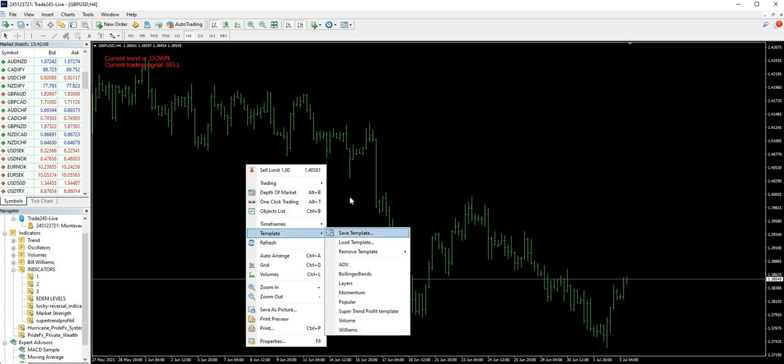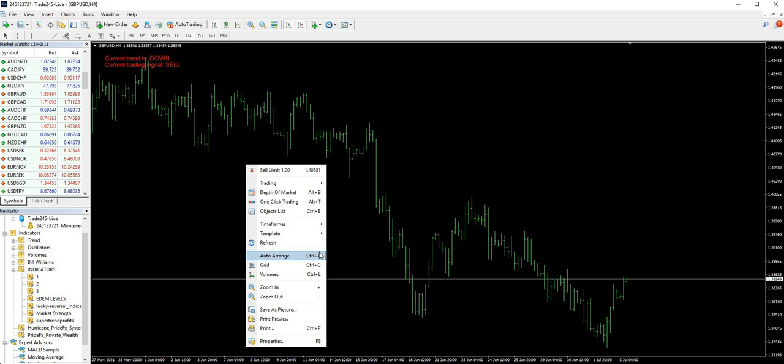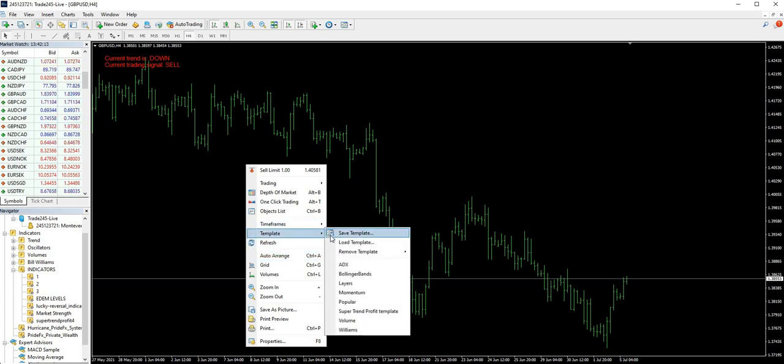A template is basically what you have put on your chart, and what a template does is give you a much easier way of adding the indicators, or if it's a robot, onto your chart so that you don't have to continuously drag indicators onto different currency pairs or indices or your synthetic indices. A template just makes it much easier for you to access what you have on your previous chart or the system you have been building. That's what a template is for.